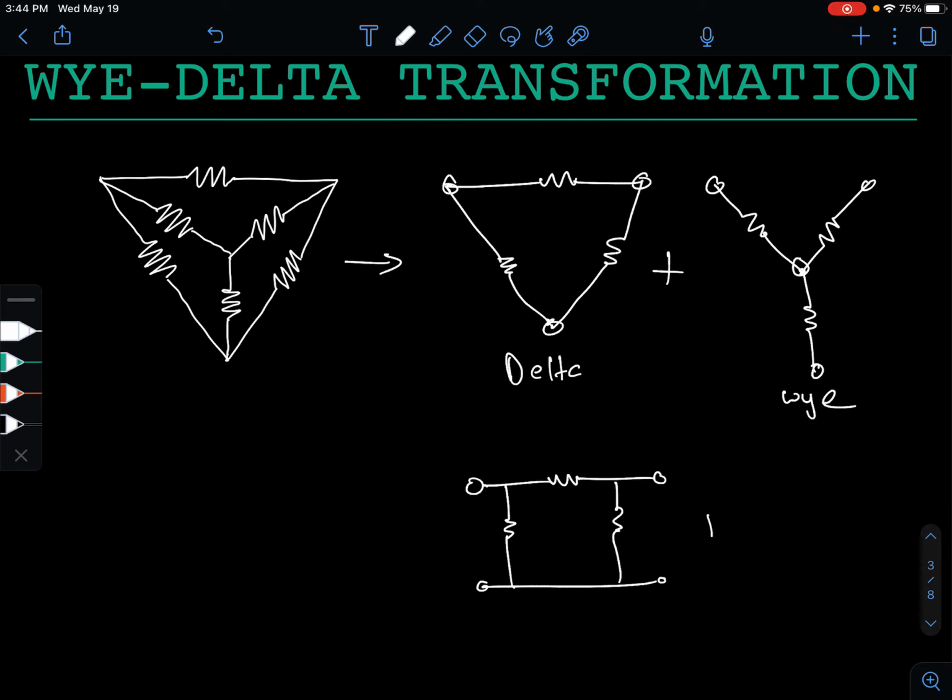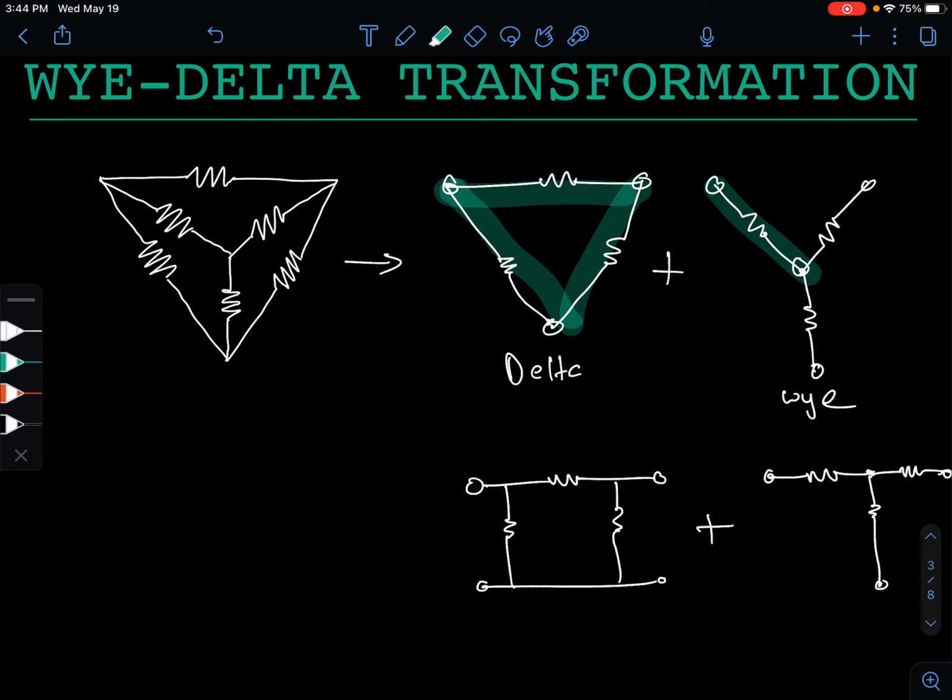This is the pi, and this is the t. Let me just highlight the shapes so that you can see it. That is delta, this is y, this is pi, and this is t.